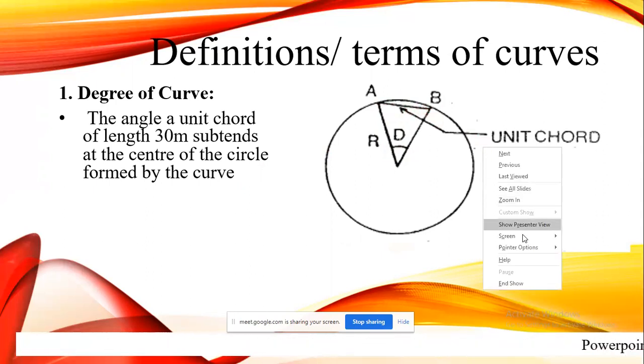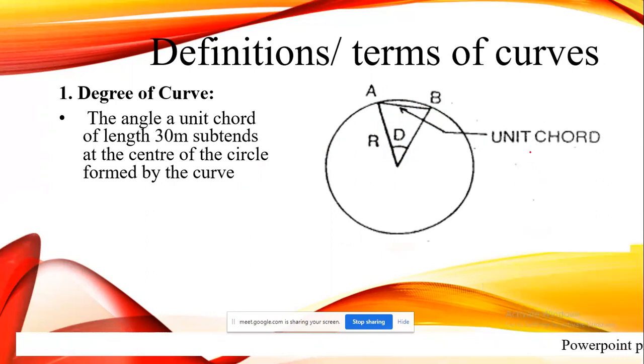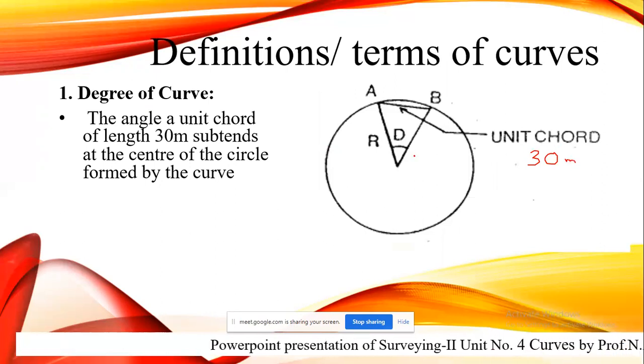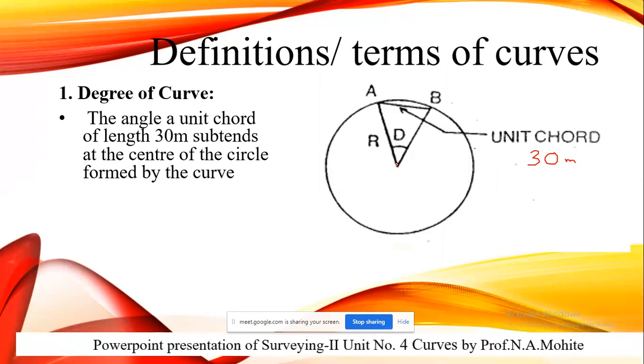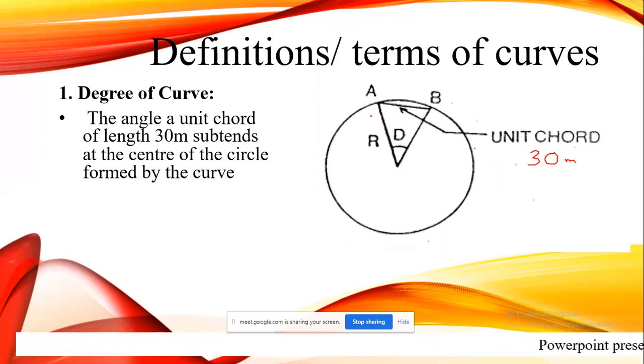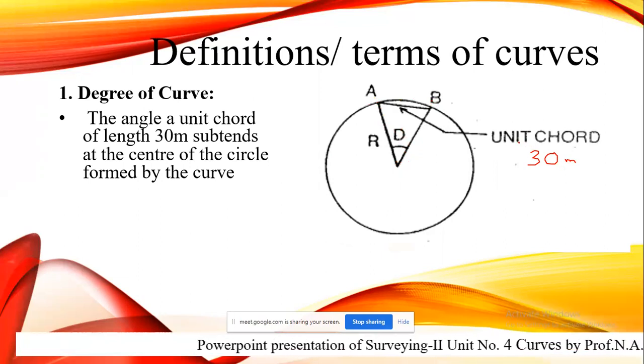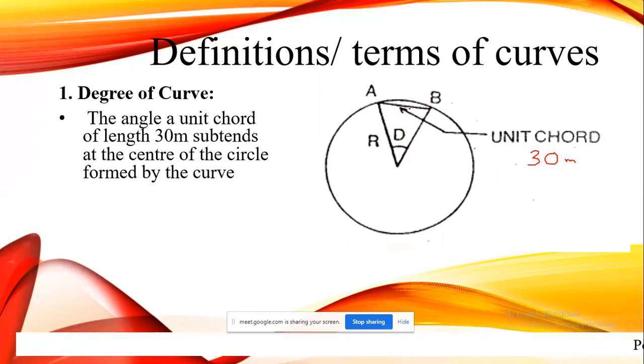The angle subtended by a 30-meter unit chord length at the center of the circle formed by the curve is called the degree of curve. I will repeat: the angle subtended by a 30-meter unit chord length at the center of the circle to form a curve is called the degree of curve.